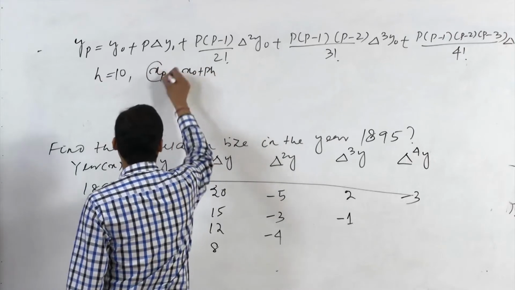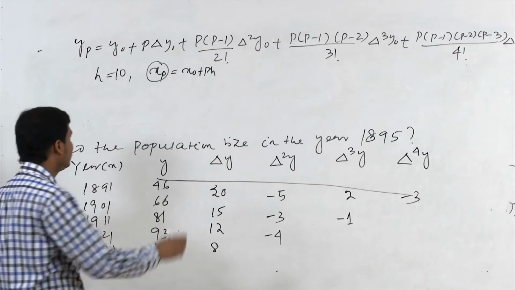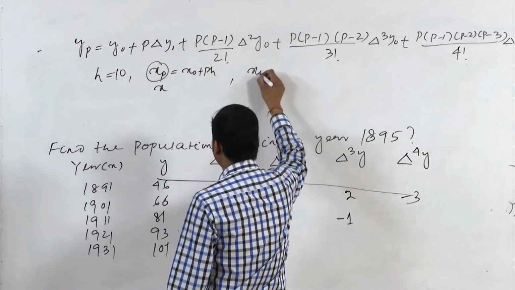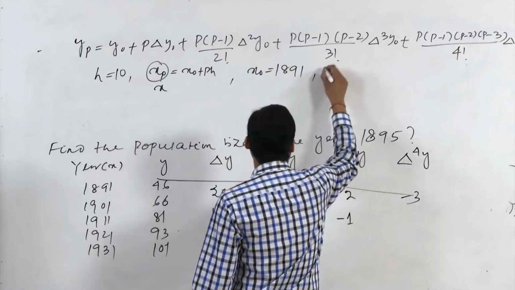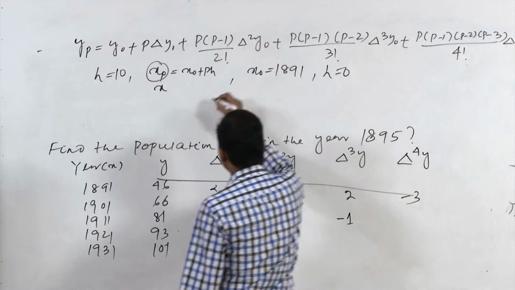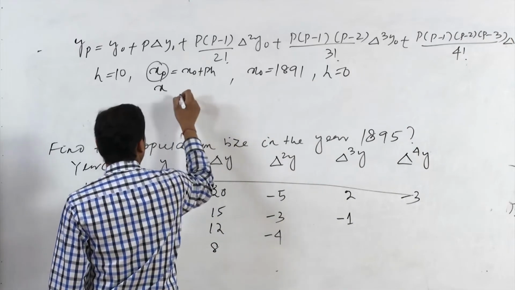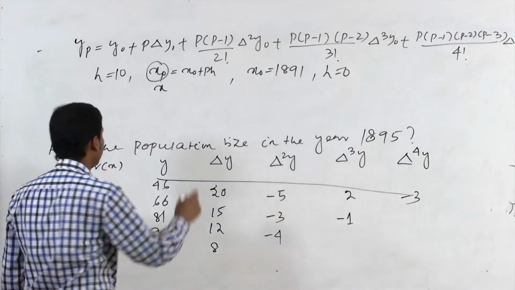The value we want to find, represented as x, is x0 plus ph, where x0 is 1891 and h is 10. So we can compute x_p, the year we have to compute, which is 1895 here.